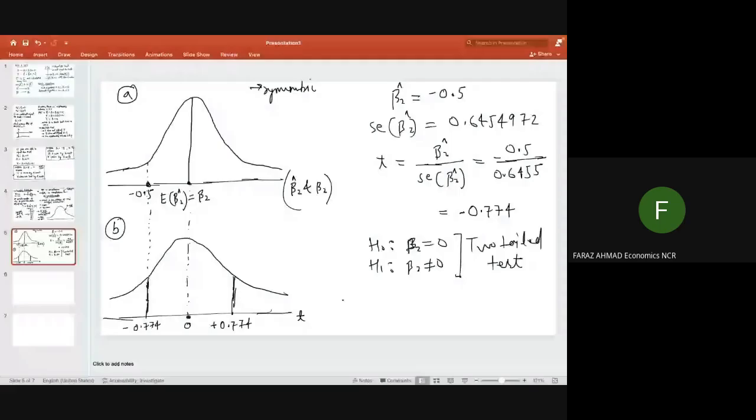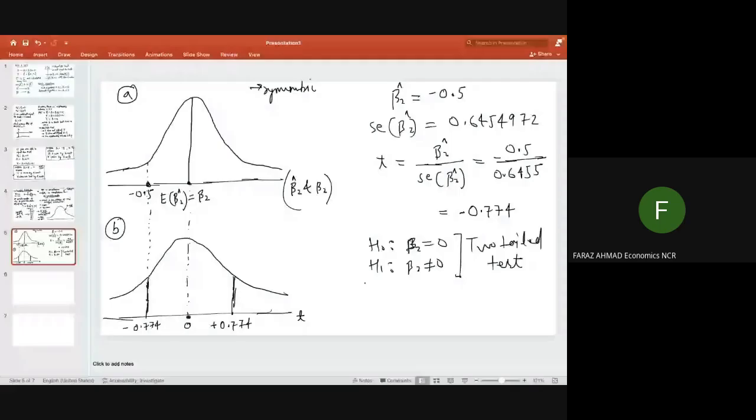Now, what is our goal? Ideally, we want to reject the null. So if you want to reject the null, you want your t value to be big.